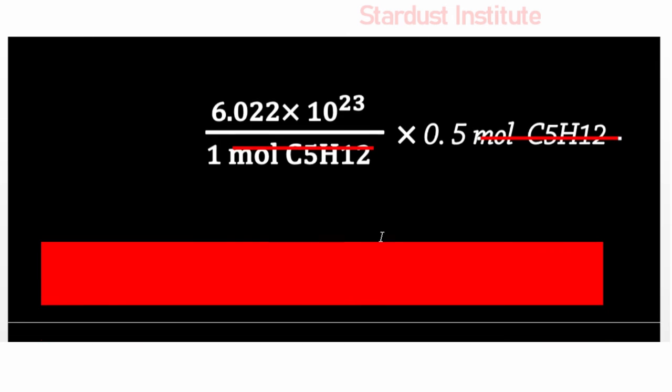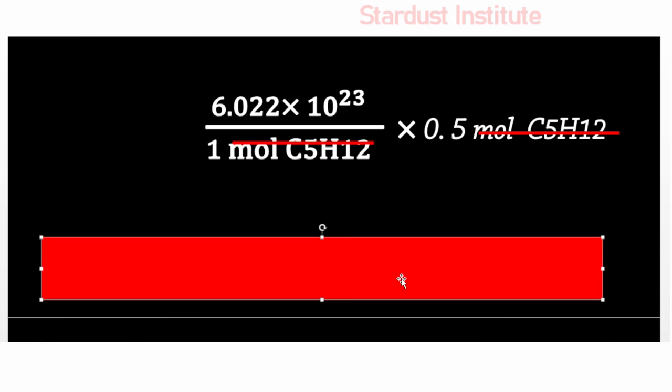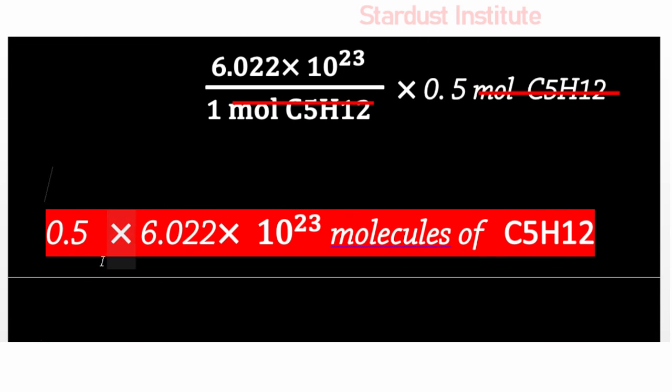Then we get our main answer: 0.5 times 6.022 times 10 raised to 23 molecules of pentane. This is our main answer.